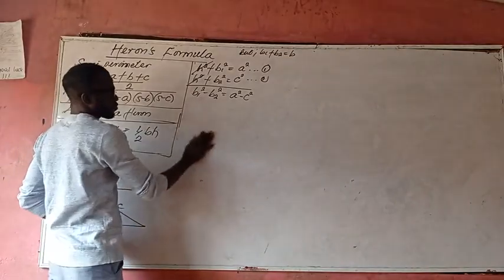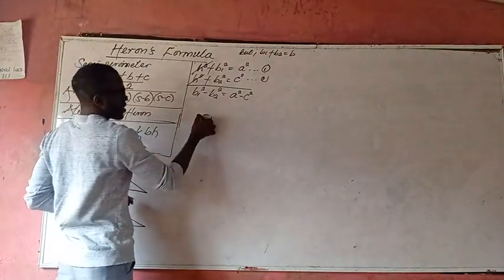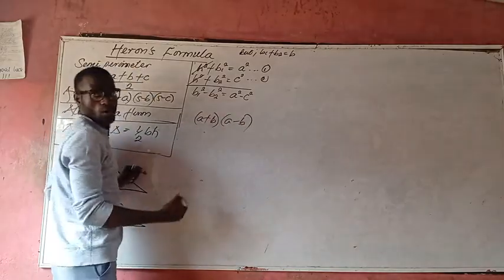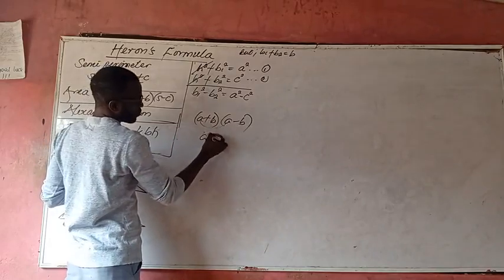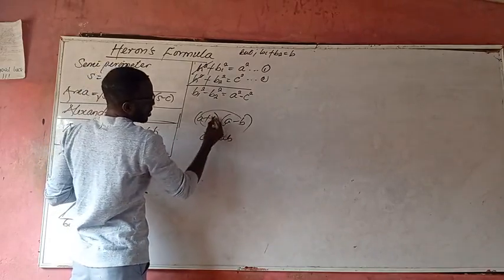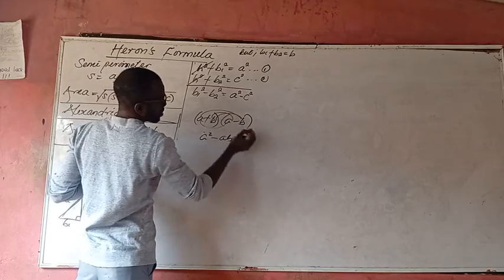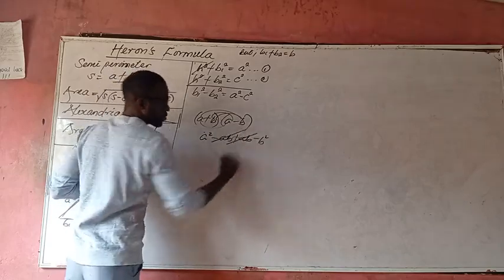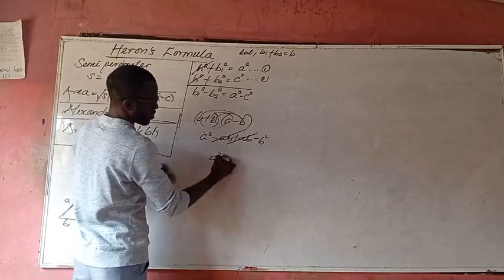So how do you express a difference of two squares? If I have (A plus B) times (A minus B), look how it will give me. This times this, A squared. This times this, minus AB. This times this, plus AB. This times this, minus B squared. So this one will take care of this, right? It becomes 0. So we have A squared minus B squared.